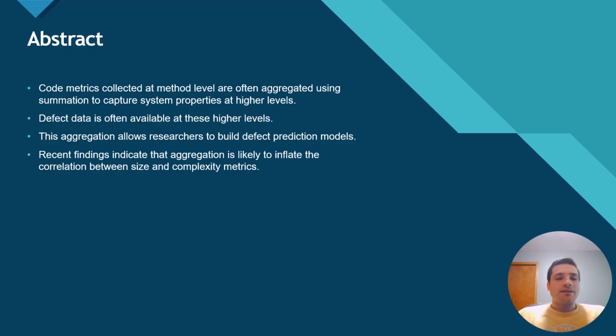Defect data is often available at these higher levels, so the aggregation allows researchers to build defect prediction models. And recent findings in research preceding this research that I'm looking at indicate that aggregation is likely to inflate the correlation between size and complexity metrics.